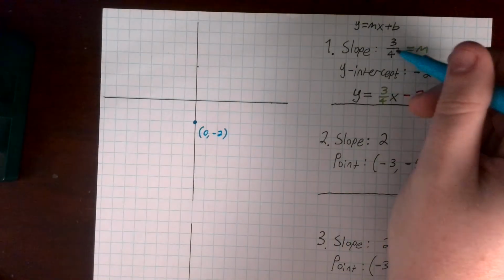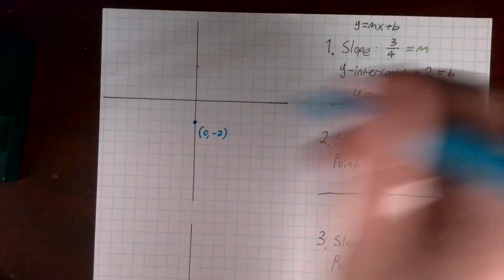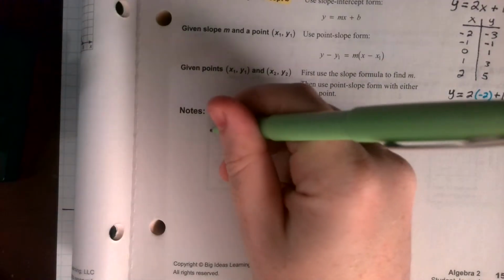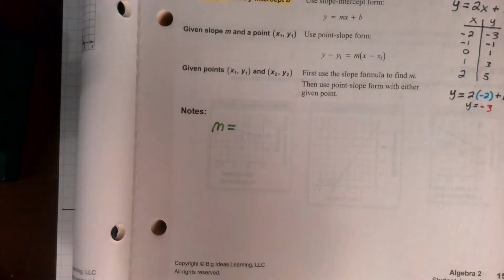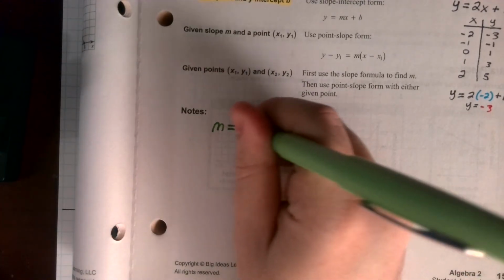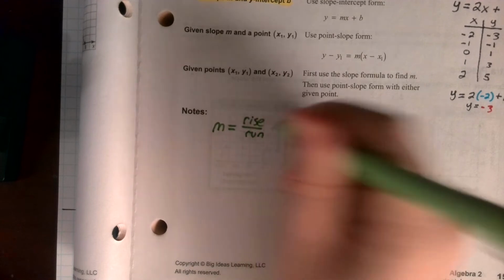From here, we just need to use our slope to figure out where the next points are. But how do we do that? Well, there's a little bit of a formula that can help us called the slope formula. Again, this is something that you have definitely seen at some point before. Slope is the same as rise over run.